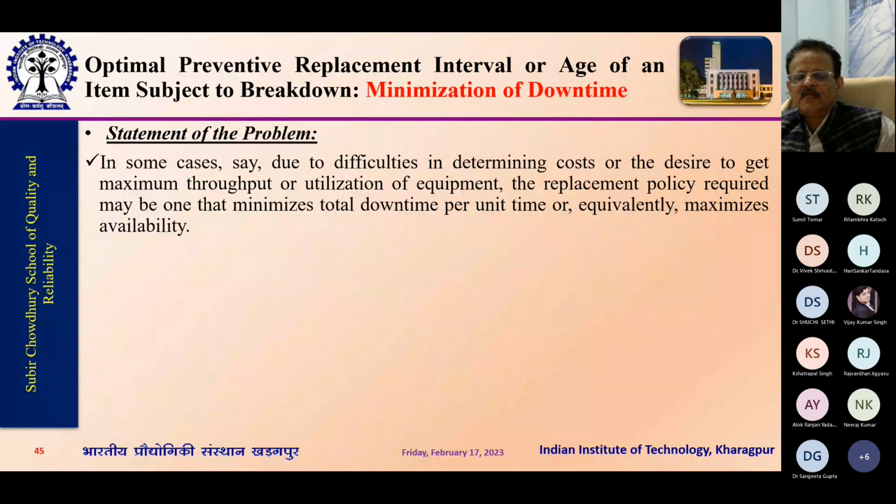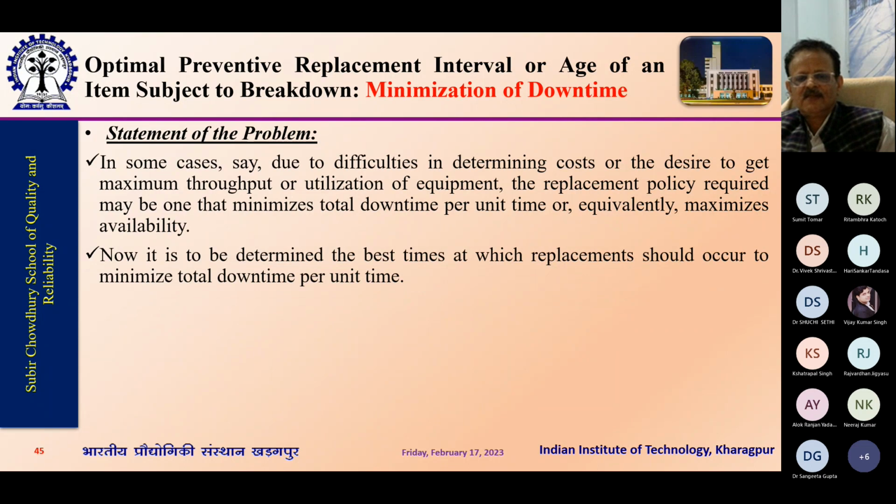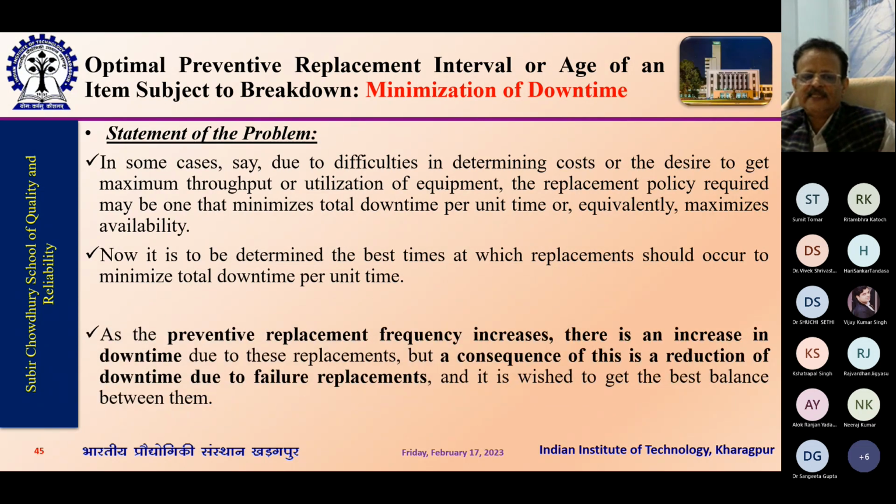Then there could be another criterion. Our objective becomes how we can minimize the downtime, right? So same model, we are just replacing the cost criterion with downtime. If the preventive replacement frequency increases, there is an increase in the downtime due to preventive replacement, quite obvious.